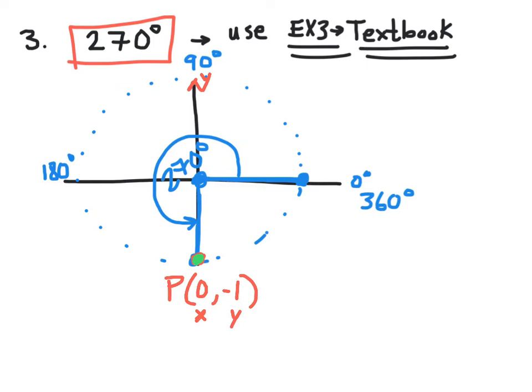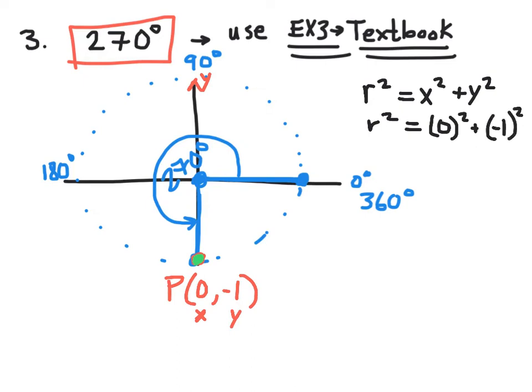Now, if this is the case, how do you calculate your r value? Your r value is always calculated the exact same way. r squared is always equal to x squared plus y squared. So r squared is going to be my x, which is 0, all squared, plus my y, which is -1, all squared. So r squared is going to be equal to 0 plus 1, so r squared is equal to 1.